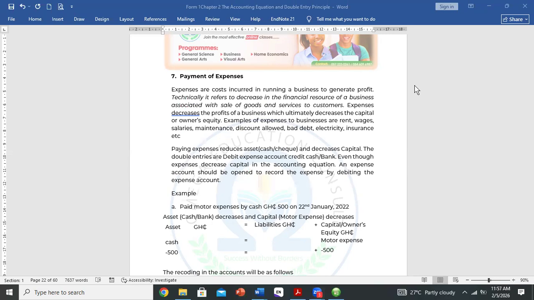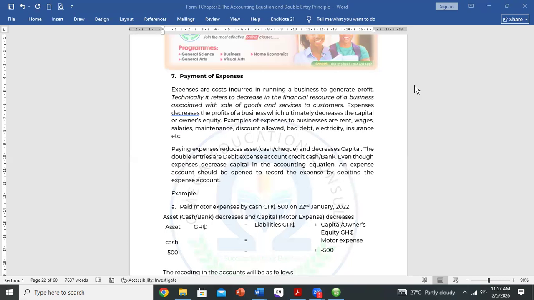Payment of expenses. Expenses are costs incurred in running a business to generate profit. Technically, it refers to decrease in the financial resource of a business associated with sale of goods and services to customers. Expenses decrease the profits of a business, which ultimately decreases the capital or owner's equity.